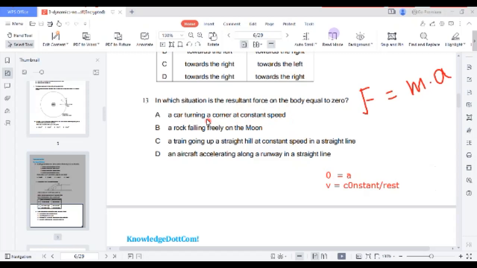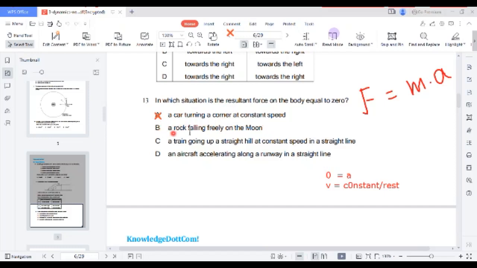So the second thing is, when it is turning a corner, there is a change in direction, so that causes acceleration. So in this case acceleration is not 0, so that's why this option is wrong. A rock is falling freely on the moon.